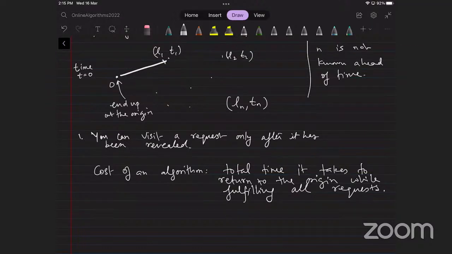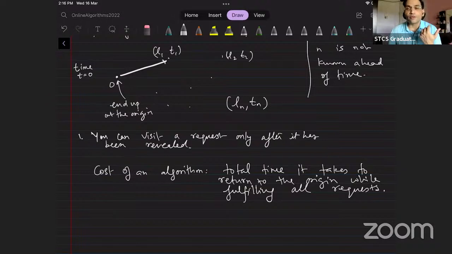If n is not known, and suppose my algorithm reaches a point where no more points are coming, then it will wait forever, right? How will it know that it has ended? That's up to you. You can go back to the origin.